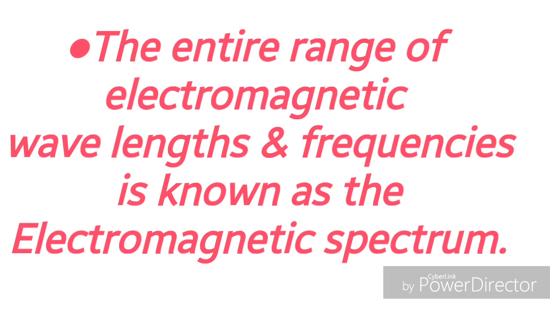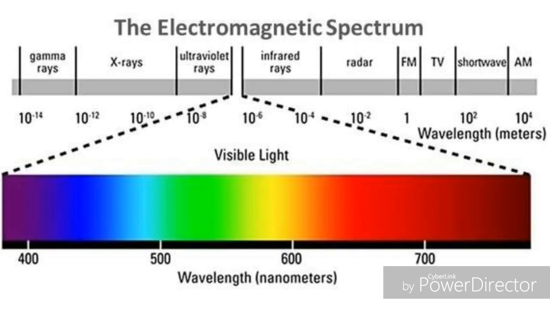The entire range of electromagnetic wavelengths and frequencies is known as the electromagnetic spectrum. In this electromagnetic spectrum, the visible spectrum is in the range of 400 to 700 nanometers. So, our human vision is in between 400 to 700 nanometers.